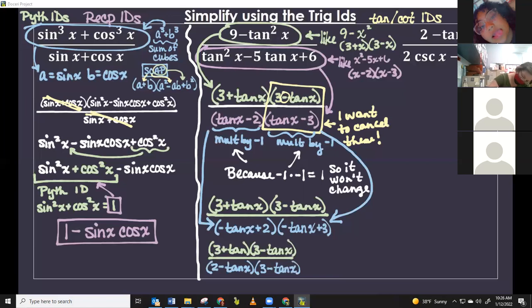Now I can make those 2 cancel. And so fully simplified, I would have 3 plus tan x over 2 minus tan x.